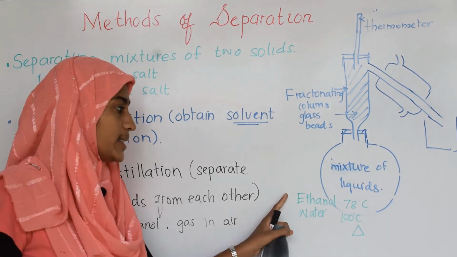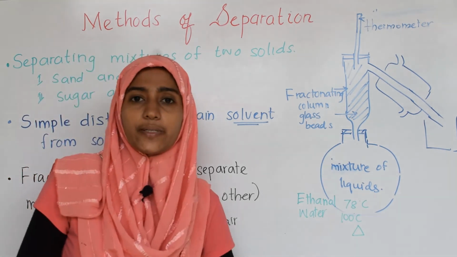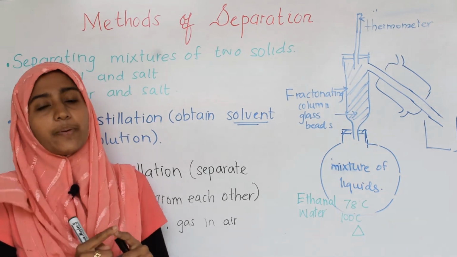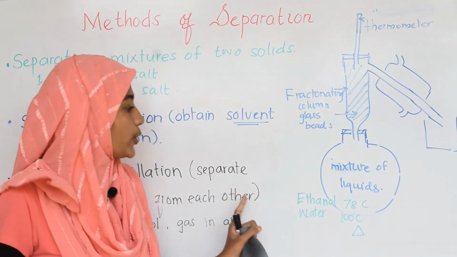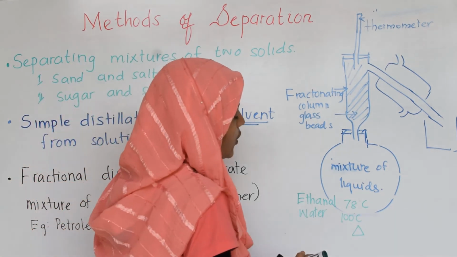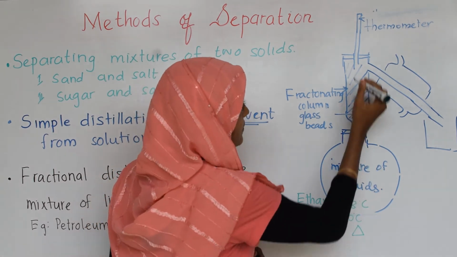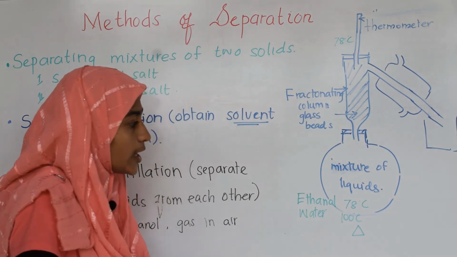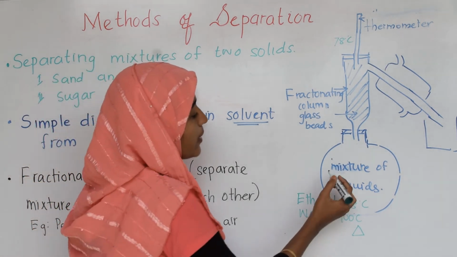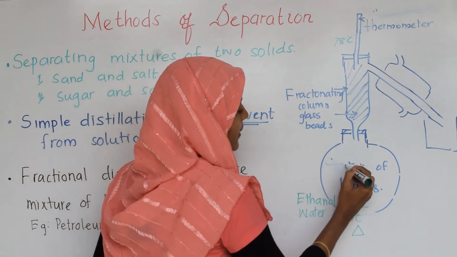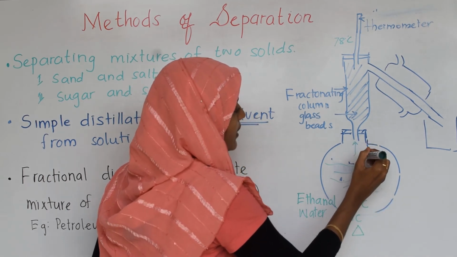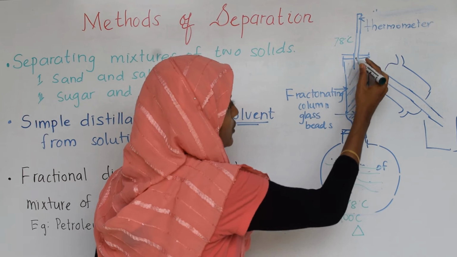We cannot say just the ethanol, because evaporation is a process that can happen at any temperature. Boiling is the only thing that happens at the boiling point. So when you heat this and it reaches around 78 degrees Celsius, most of the ethanol will evaporate. Now this is the mixture. So the ethanol will evaporate and it goes through this.